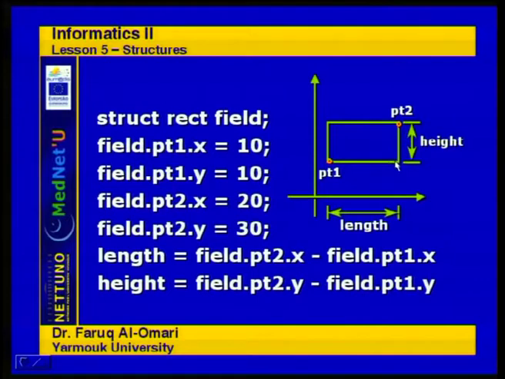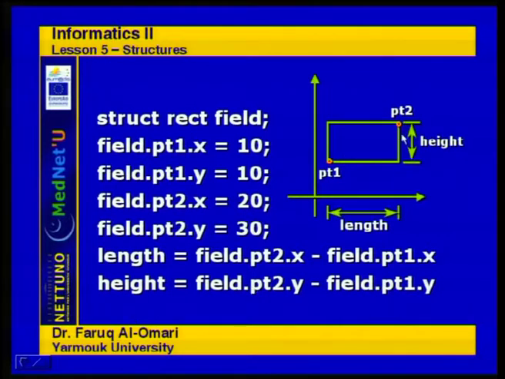And that refers to this distance. Okay? So basically, this distance can be calculated as field dot PT2 dot x minus field dot PT1 dot x. So it's the x component of the second point minus the x component of the first point.